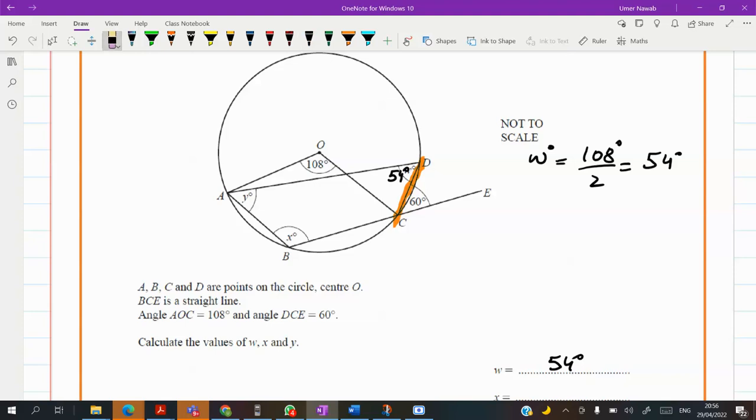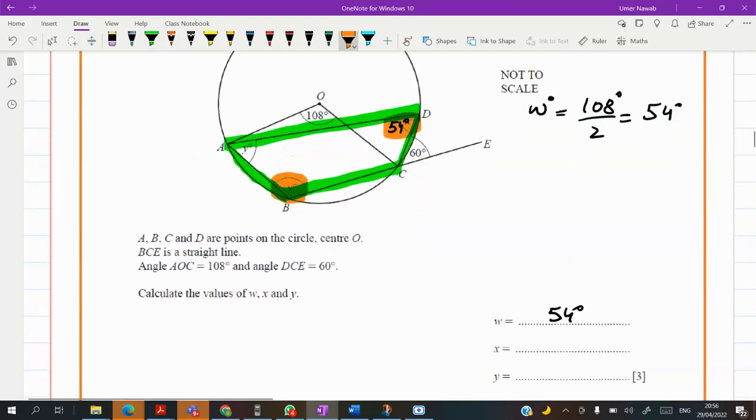Now, do we have anything which is given? It looks like you have been given a cyclic quadrilateral. Let me highlight those sides which are making a cyclic quadrilateral. ABCD is a cyclic quadrilateral, and X is the opposite angle of 54.